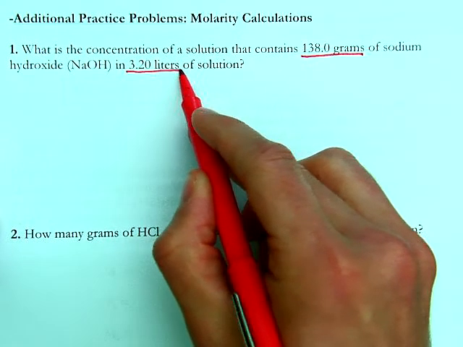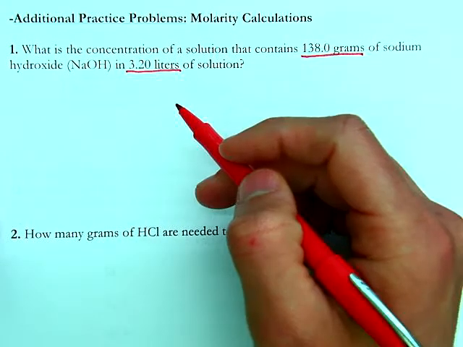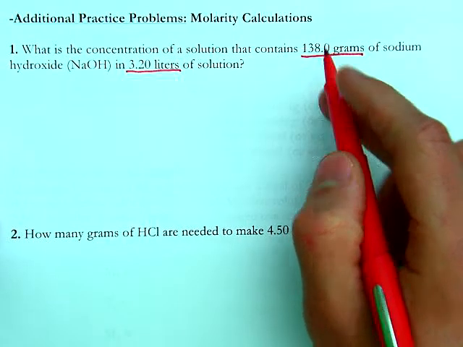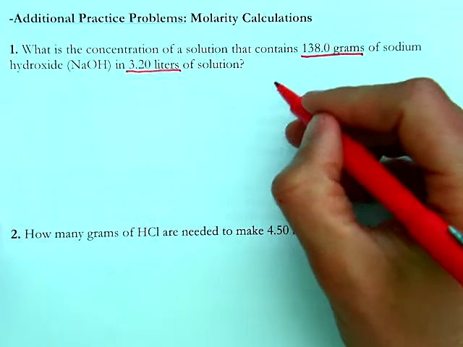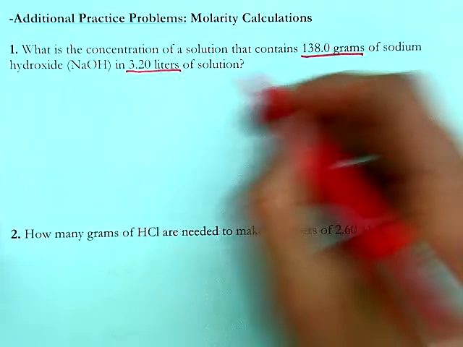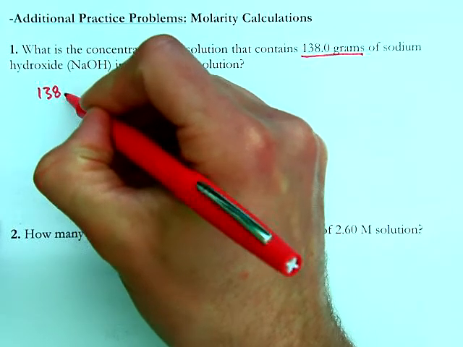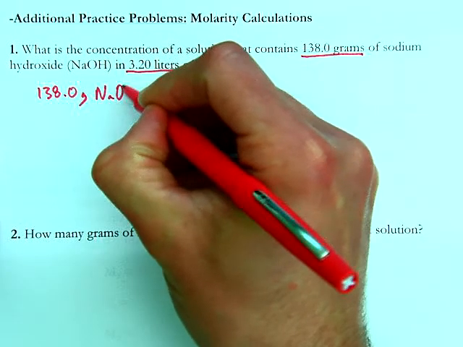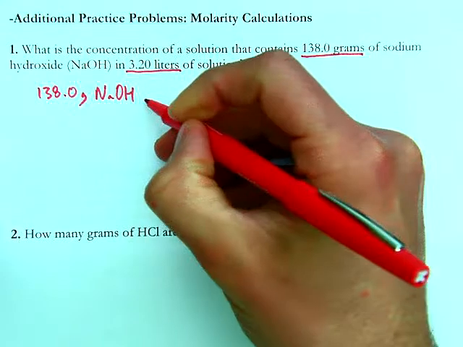In this case, we do have liters, which is nice. We don't have to convert that, but we have grams. Molarity is moles per liter, right? So we need to convert 138 grams of NaOH into moles.